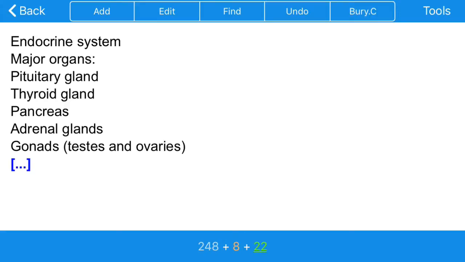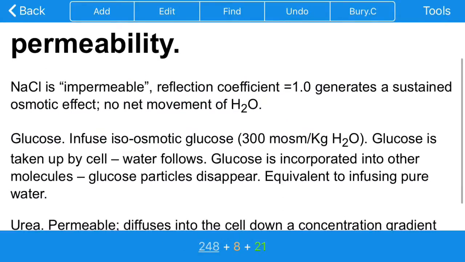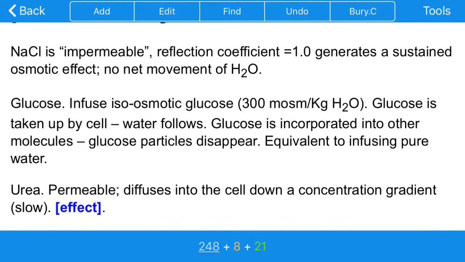Gonads, endocrine system, and hypothalamus. Reflection coefficient. Alright, just causes cell swelling.